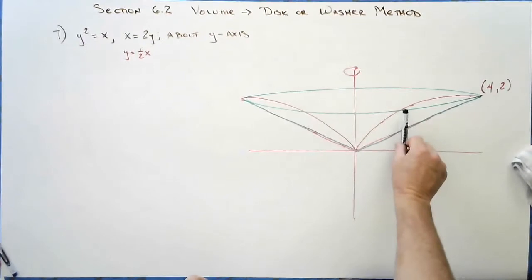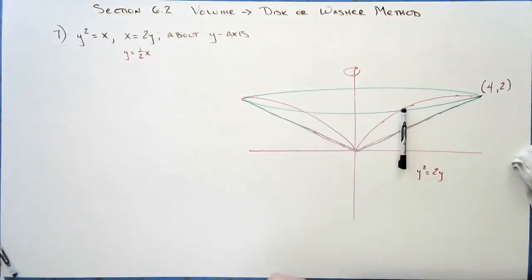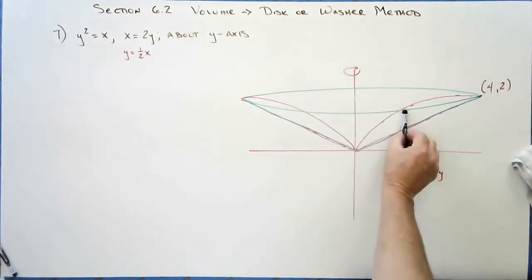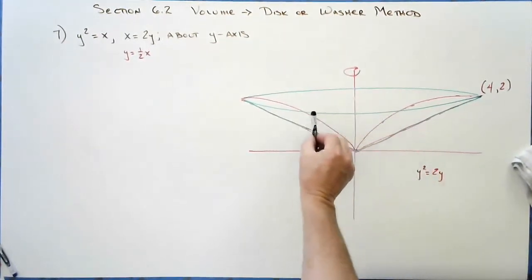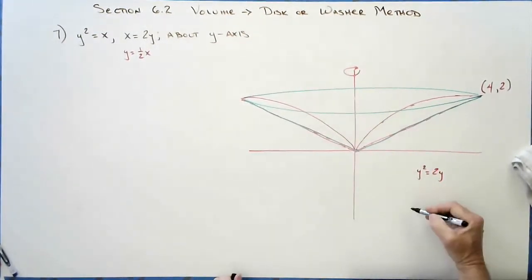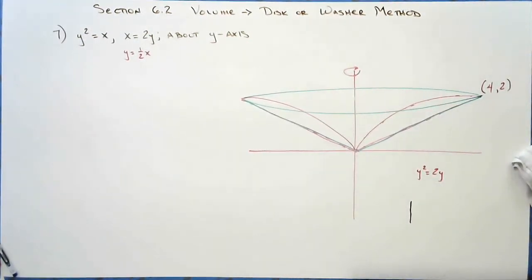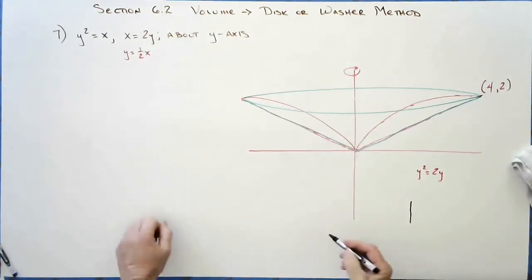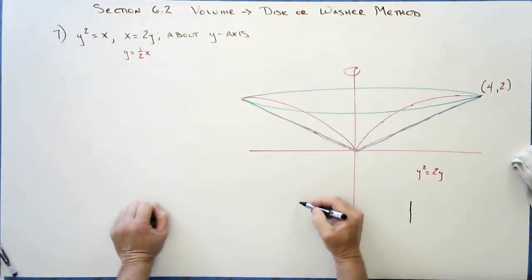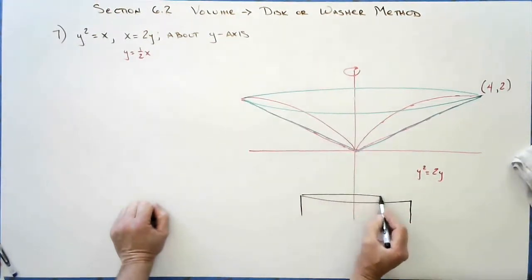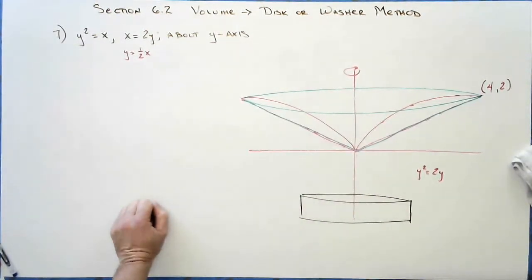Well, if we were to slice this vertically, top function, bottom function, that would form something that would have height, and I'm not going to draw my slice on my picture because I'm not going to use this. And then it would have another corresponding slice over here. And when we rotated this, we would not get a disc or a washer. We would get a cylinder from back in elementary school.